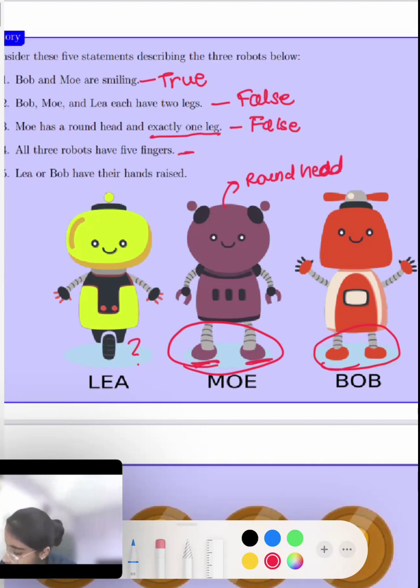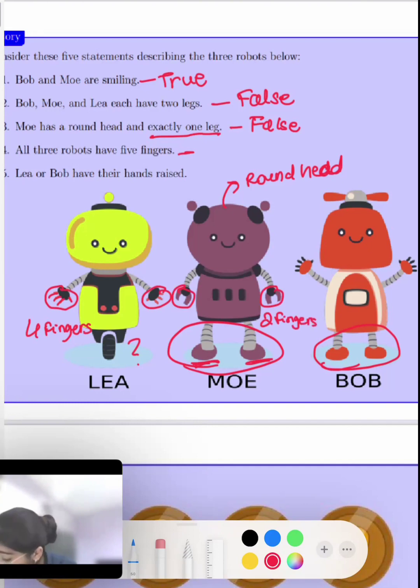Now, the fourth statement says that all 3 robots have 5 fingers. Let's count. Let's start with Leah. Does Leah have 1, 2, 3, 4? Nope. Leah has 4 fingers. Does Mo have 5 fingers? Nope. Mo only has 2 fingers.